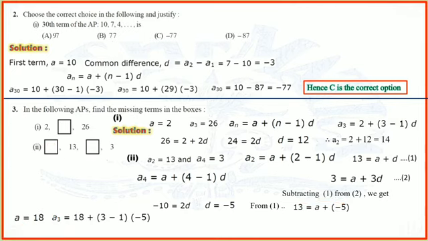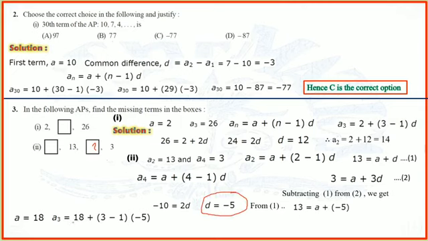Now this third term, this particular position, A3. We have 18 plus n minus 1 into D, and D we just got is equal to minus 5.